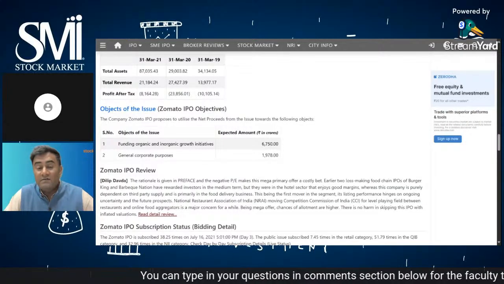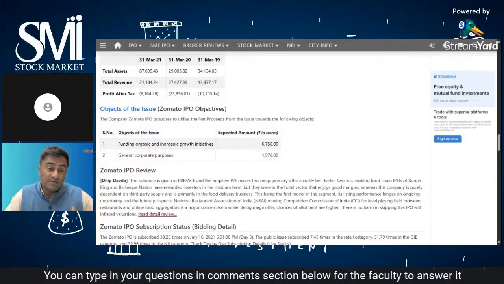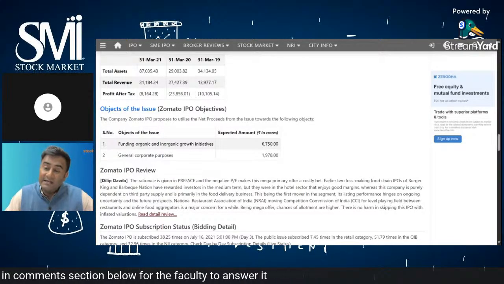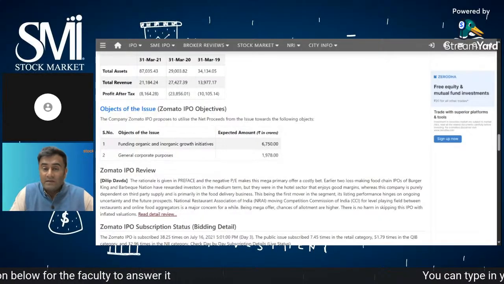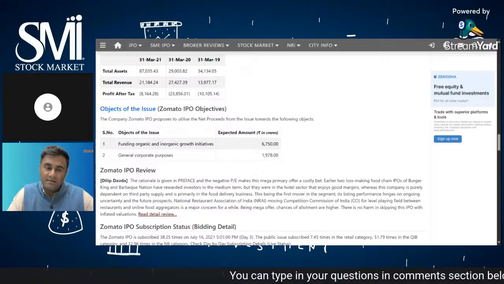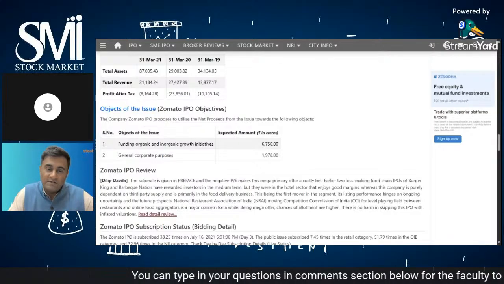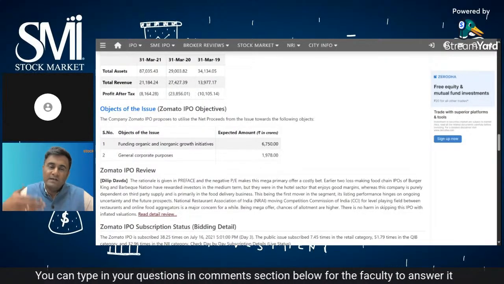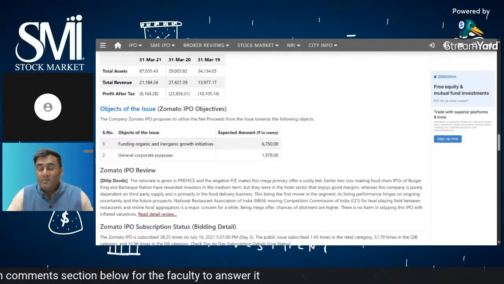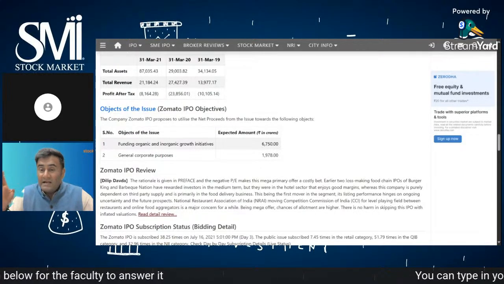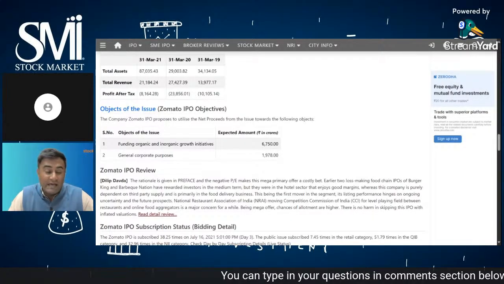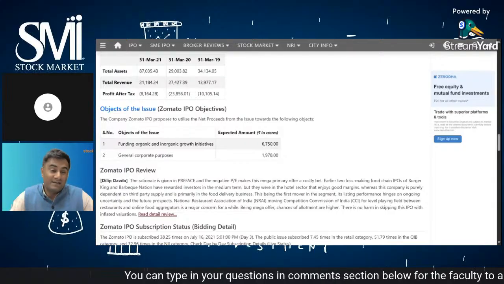Or even if the subscription is there, but overall sentiment has turned bearish, even in that case, the company can withdraw the IPO. So to give you an example, LIC of India, India's biggest insurance company, when it was making plans to get listed, their initial issue that they came up with, they had withdrawn it because the response was not as per the company's expectations.